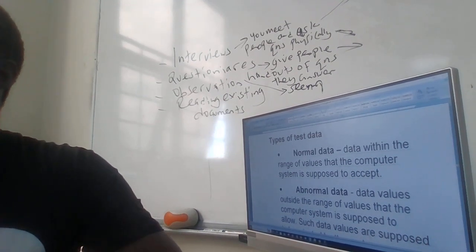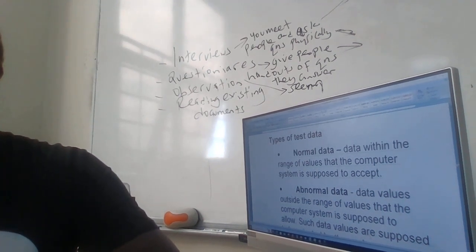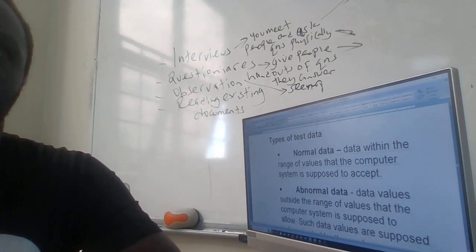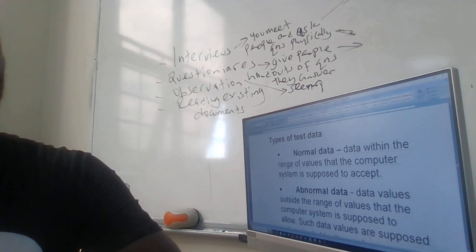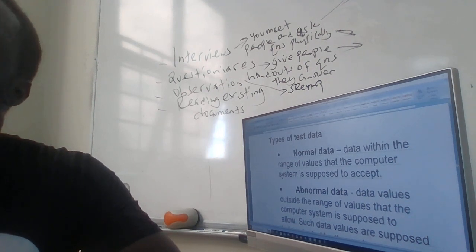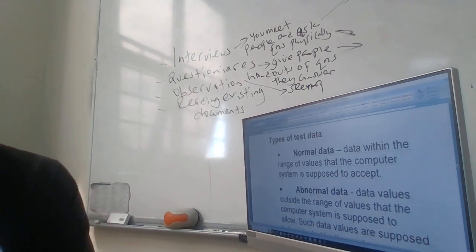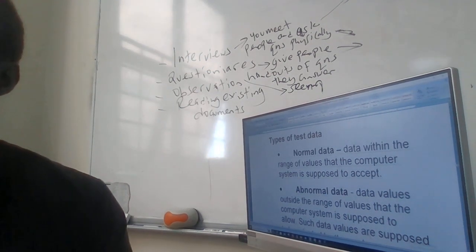Now, what does normal data mean? Normal data basically means the data which is supposed to be accepted by the system: data which is valid and accepted by the system.